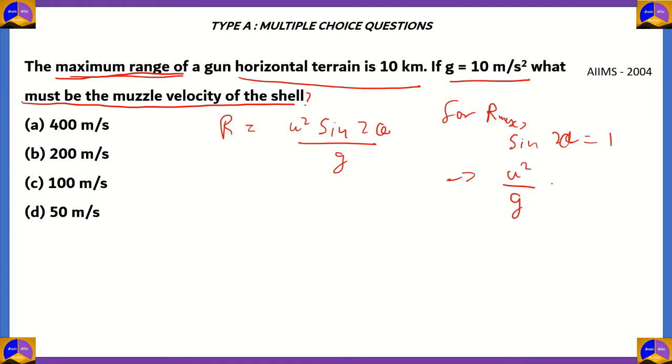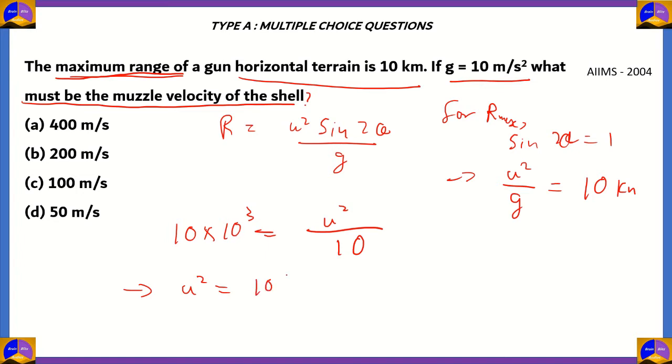And the value of that quantity is given as 10 kilometers. So 10 into 10 raised to 3 meters is equal to u squared divided by 10. Therefore, you can find out that u squared is equal to 10 times 10 times 10 raised to 3, which is equal to 10 raised to 5.